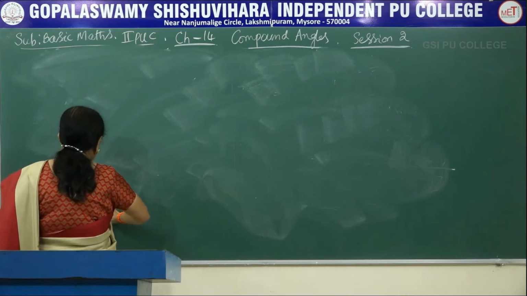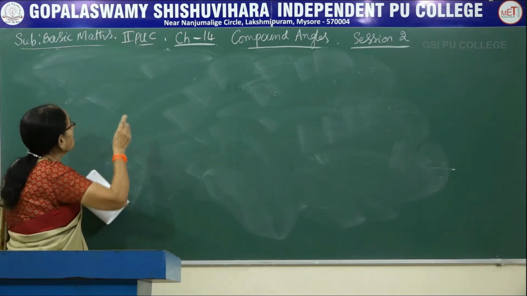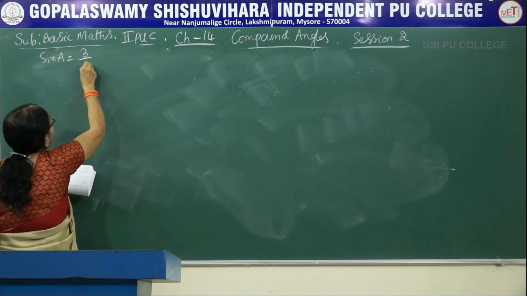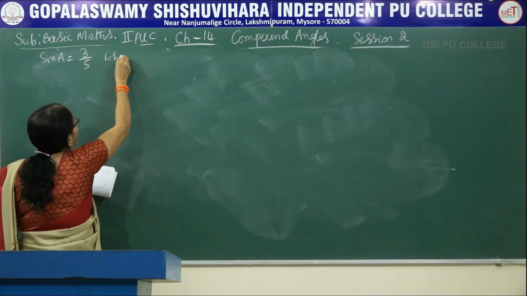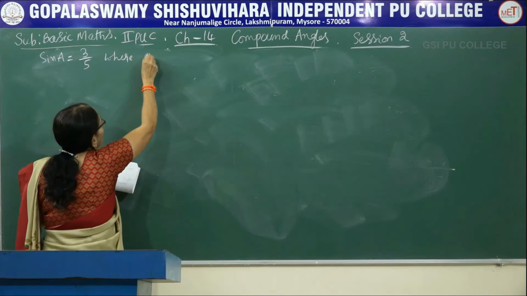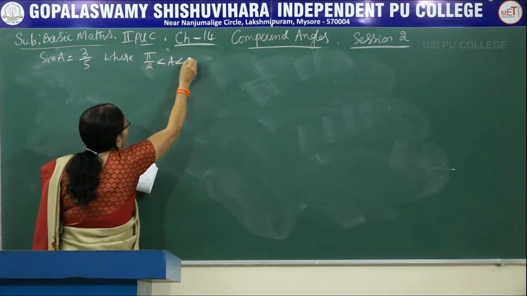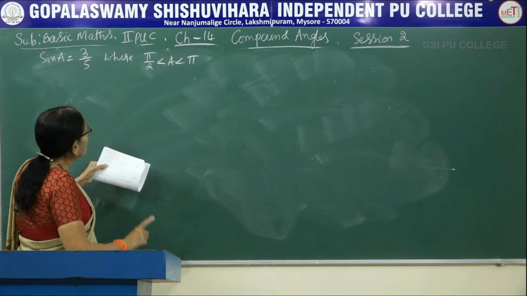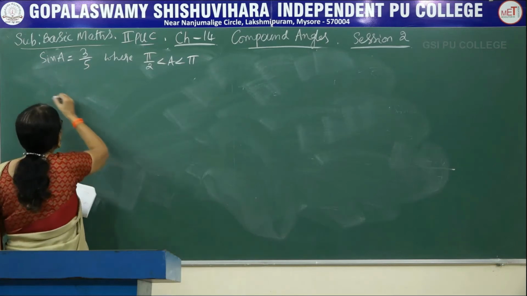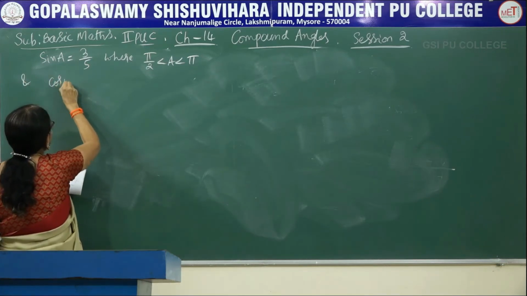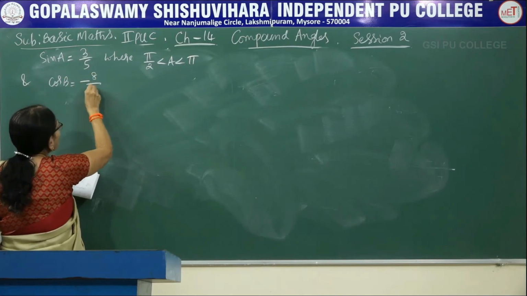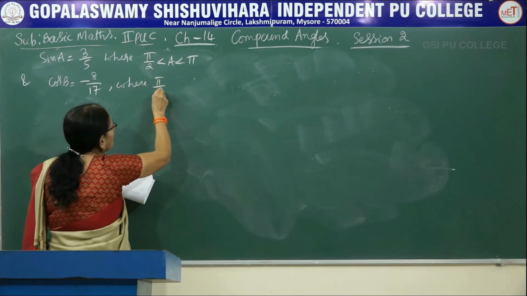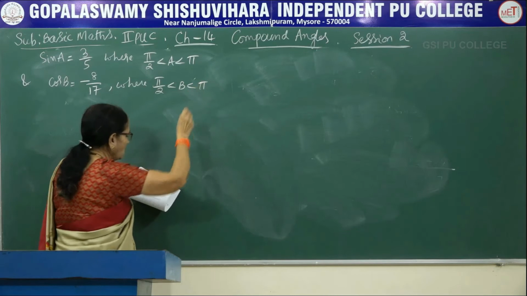Here, that's why I am telling you repeatedly, you have to copy the problem correctly. If sin A is 3 by 5, where pi by 2 less than A less than pi, and cos B equal to minus 8 by 17, where pi by 2 less than B less than pi.